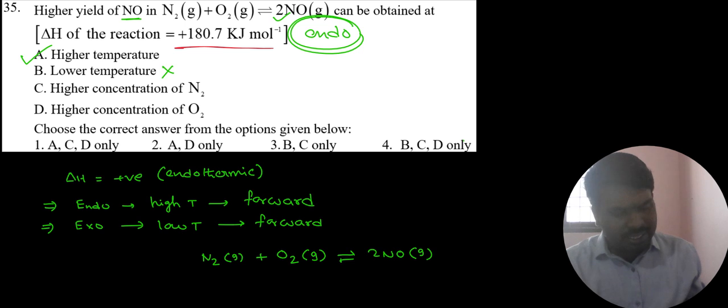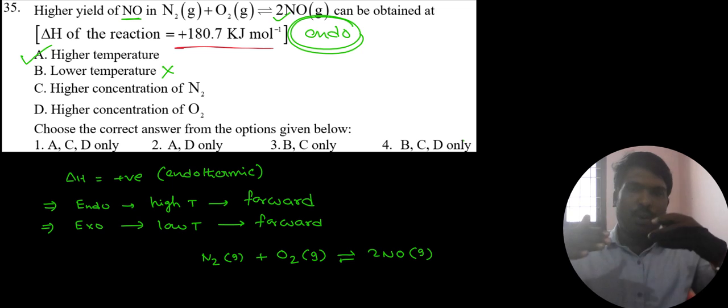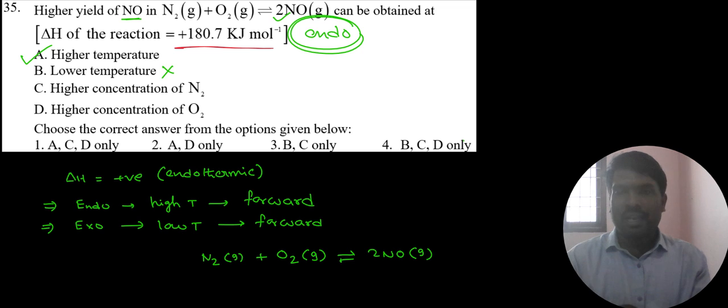Suppose N2 concentration increases, then the reactants' concentration increases and, comparatively, the products are lower in concentration. According to Le Chatelier's principle, the equilibrium shifts from higher concentration to lower concentration, so the reaction moves in the forward direction. Understood? So higher concentration of N2 favors the forward direction.